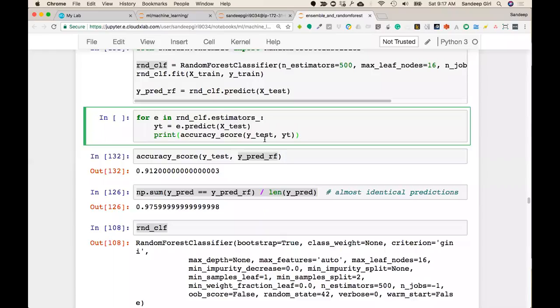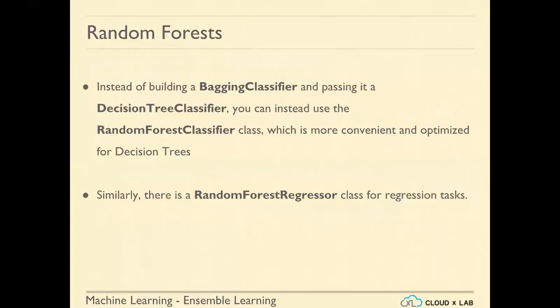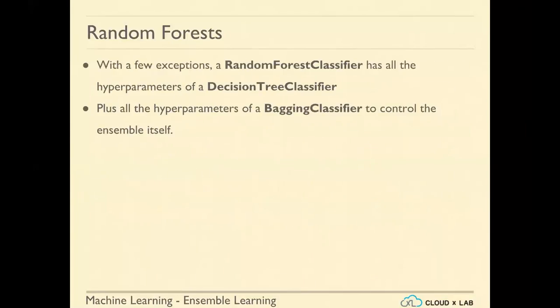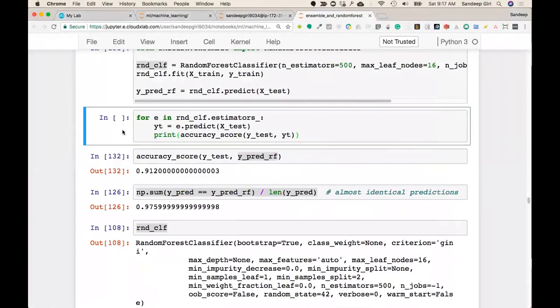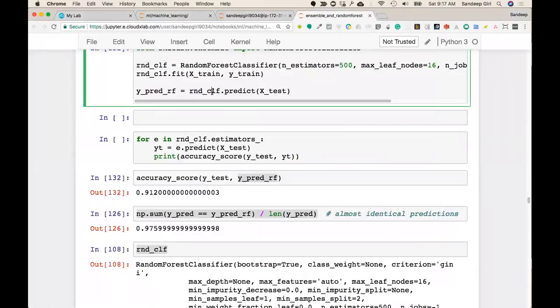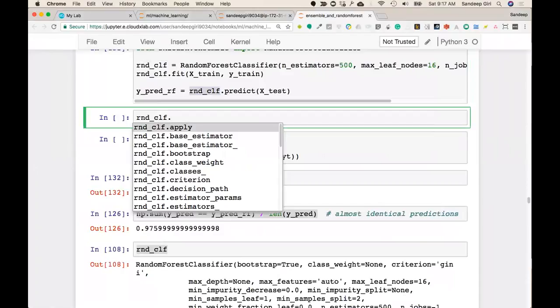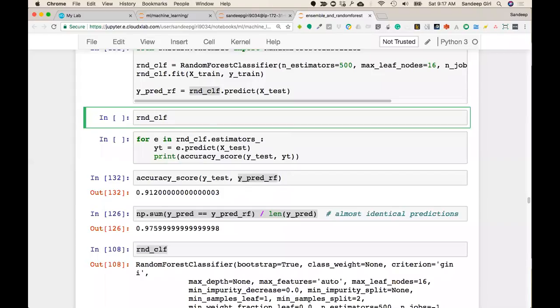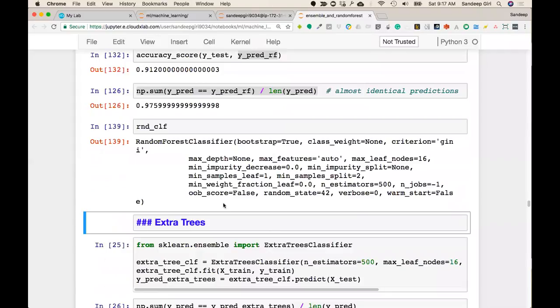I think it does the hard voting, that's what I was seeing, and probably it will be providing that. Let me take a look at this.